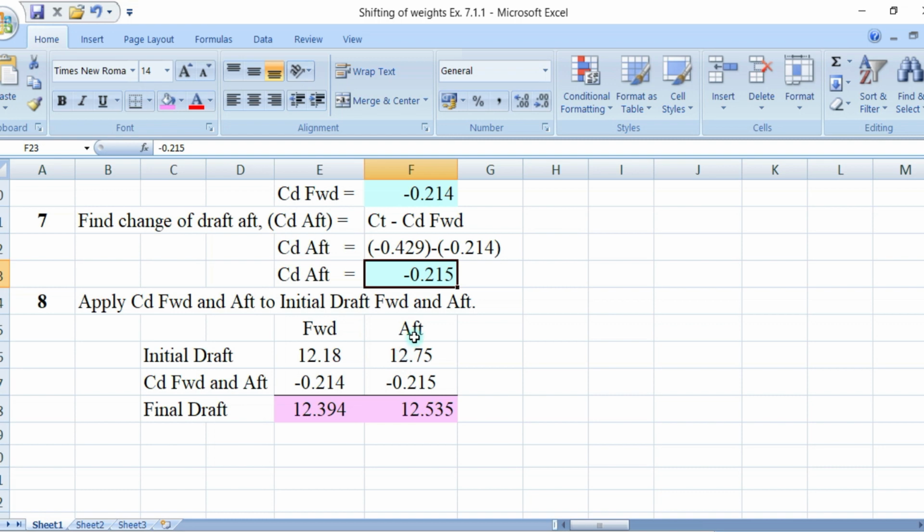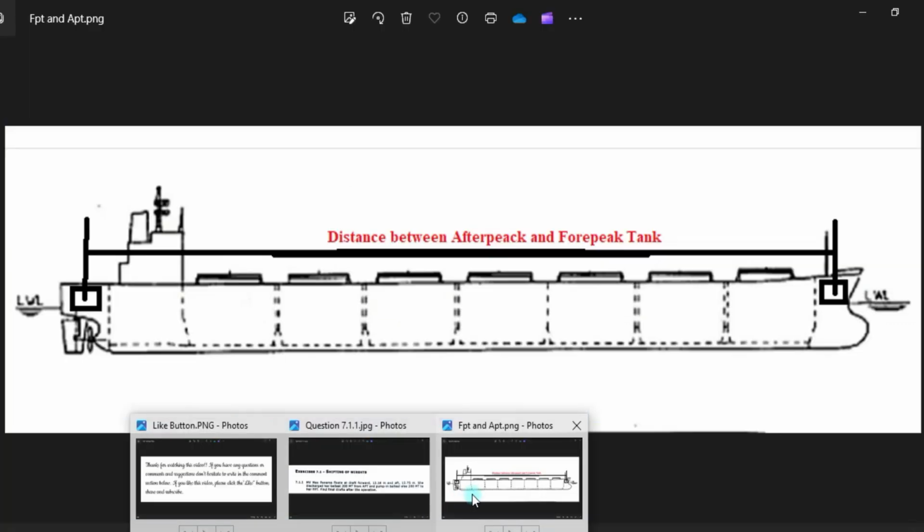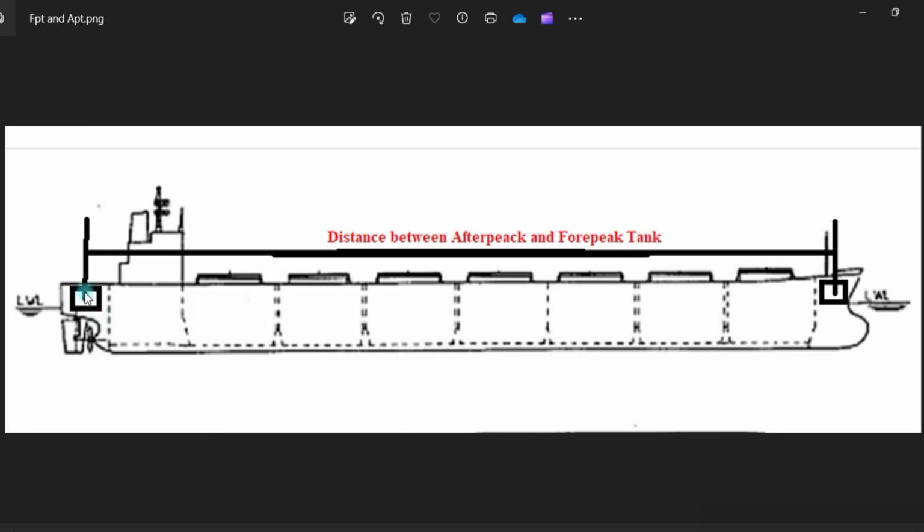On the up part, because you take out ballast from the Afterpeak, this portion will rise up. If you rise up, your draft will reduce or lessen.